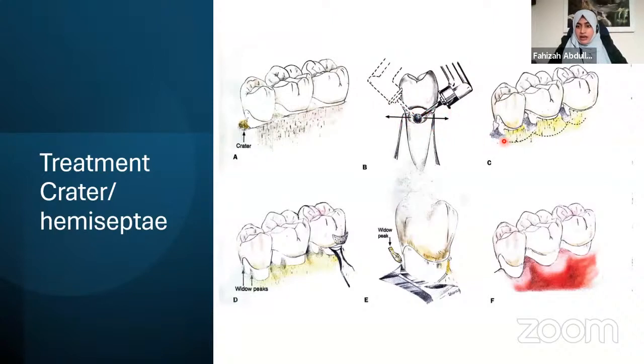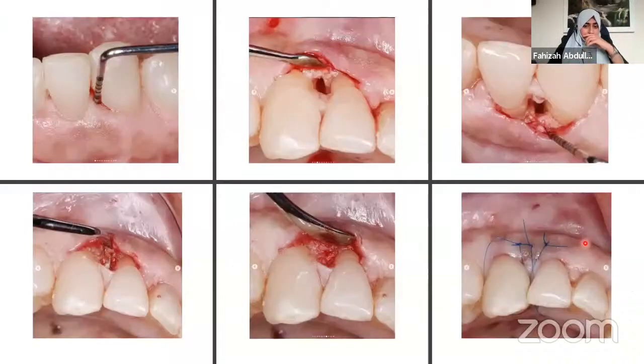If you see from the buccal aspect, this is the positive architecture which was planned. These sharp edges are called widow's peaks, so we'll have to eliminate these. Using an Ochsenbein chisel here, they have eliminated them to get a final contour. So this is one of the treatments for interdental crater.